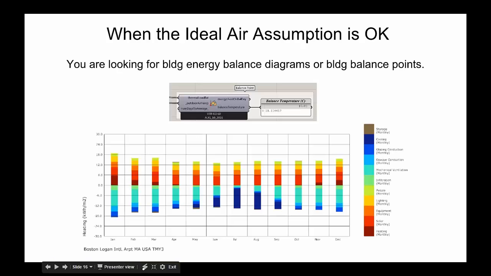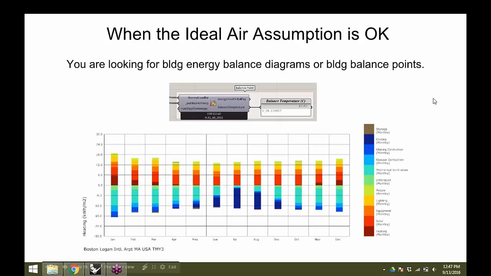The first thing is that you can use the ideal air assumption when you're looking for visualizations of building energy balance, or you just want to get a building balance point in order to understand, for maybe some other simpler types of studies, you need a balance point. For these types of visualizations, you kind of have to run an ideal air system, because if you want the energy that goes into your building to equal the energy that goes out, that heating or cooling has to be the energy that is added or removed from the zone.